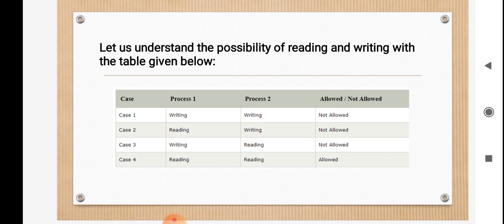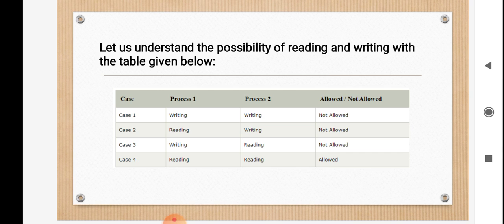Similarly, if one writer is writing, then no reader is allowed to read the file at that same time. Similarly, if one writer is updating the contents of a shared file, then the other writer or other process should not be allowed to update the file at the same time. Clear?